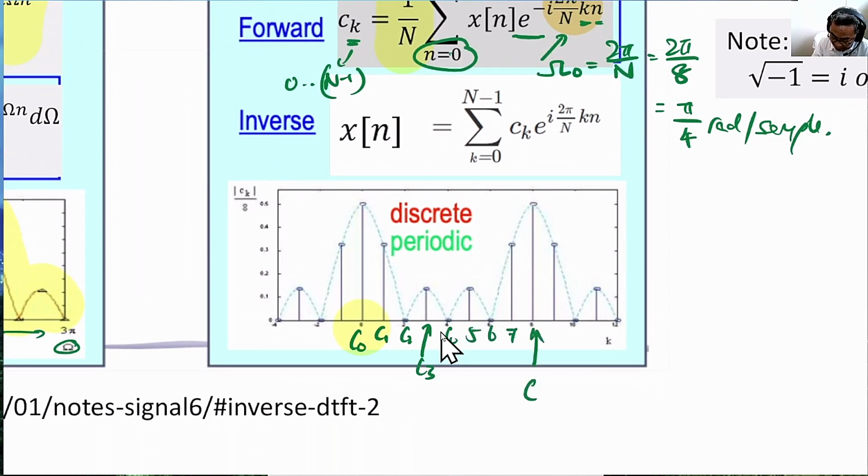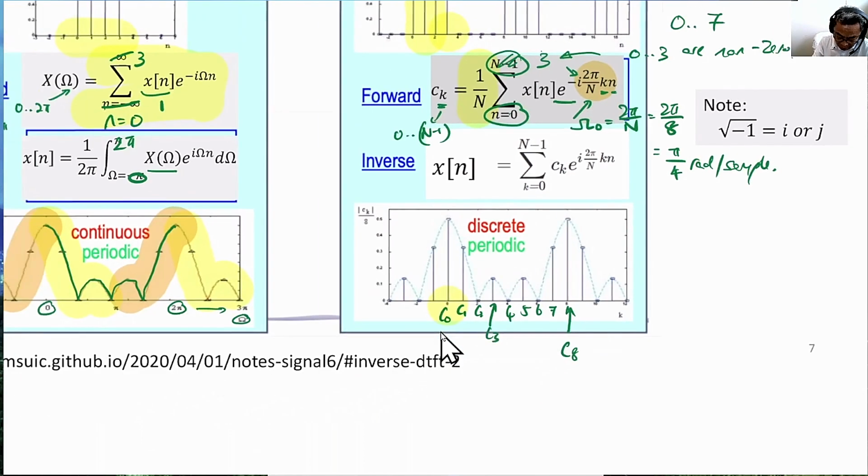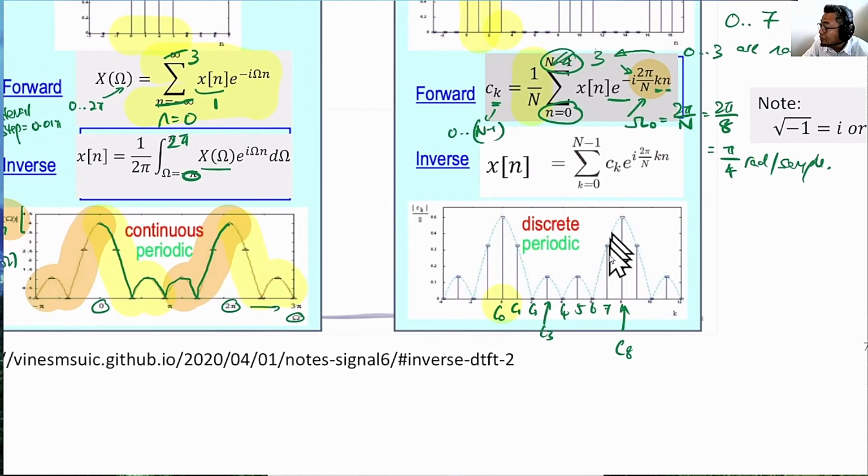And what happened at 8? C8, isn't it the same as this guy? C8 is the same as C0. C0 is at 0. C8 is at 2 pi. Oh, okay. And we draw that little shaded figure around it, and it looks exactly the same as X of omega.